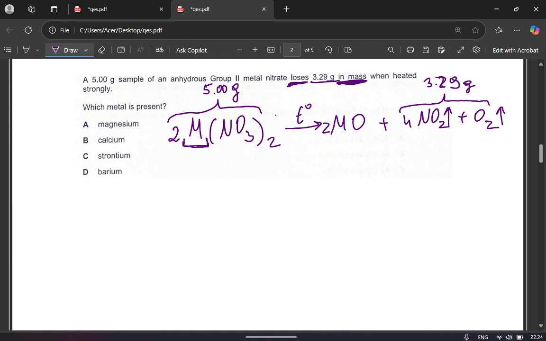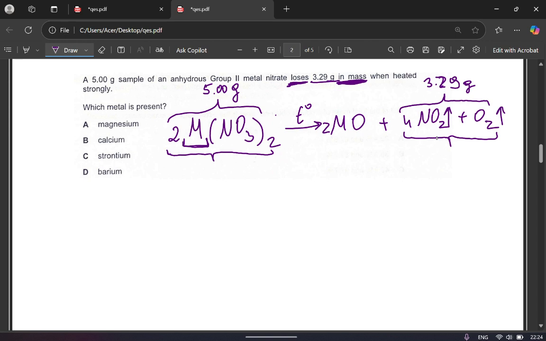Now, in order to calculate the molar mass of this metal nitrate, we have to write the molar masses of this metal nitrate and of these two gases added together, to make use of cross multiplication and simple proportion.